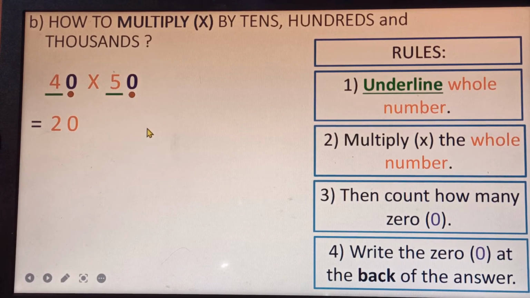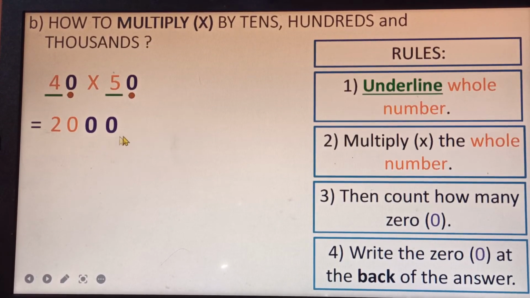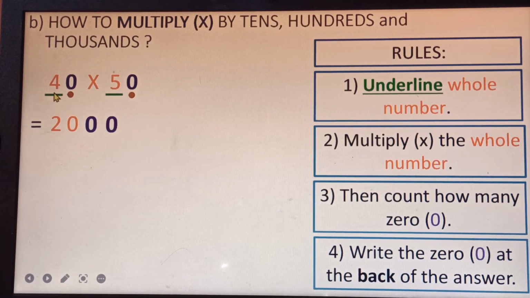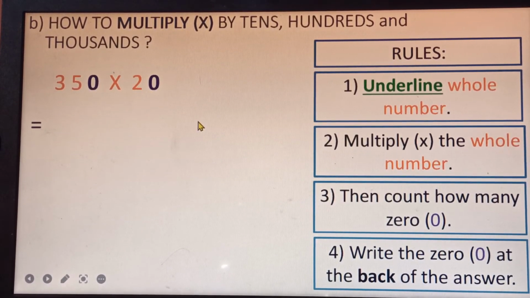Okay. So where do you put the zeros? Di belakang jawapan tadi yang 20 ya. So 1 zero and another 0. So you got the answer 2000. Okay. Itulah pentingnya tadi mengali whole number dulu. Okay. Zeronya lepas satu tadi mengira.